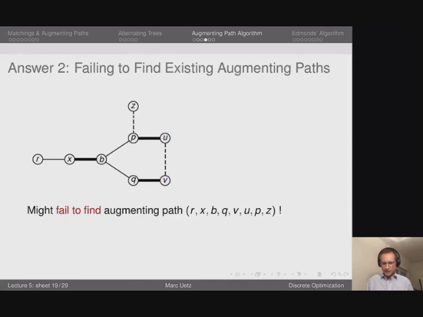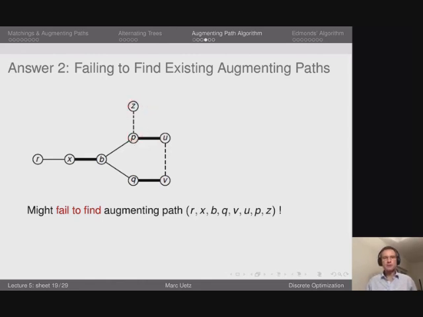And moreover, this edge from P to Z here is also not added, because we are extending the tree only from vertices which have an even length distance from the root vertex, right? 1, 2, 3, 4. So this one has an odd distance from the root vertex, and we are not extending the tree from these vertices. Now you might say, okay, so why couldn't we just extend the tree also here?